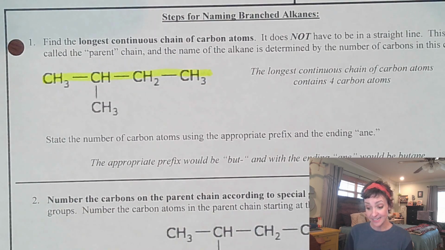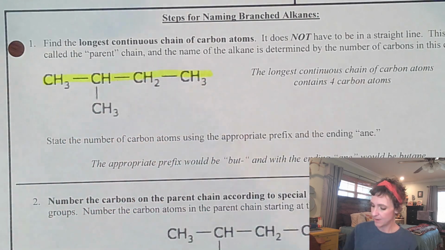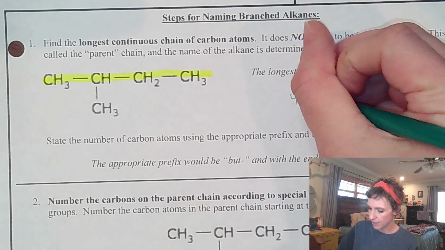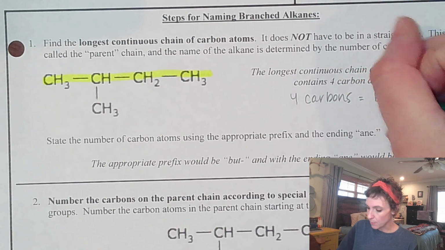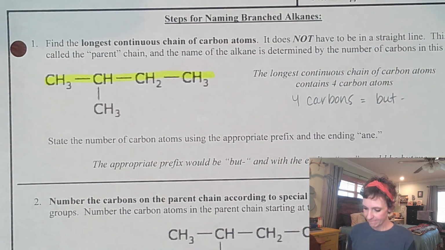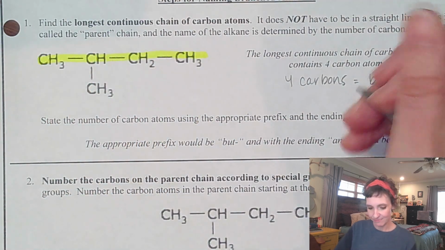Okay, it says state the number of carbon atoms using the appropriate prefix and the ending -ane because these are single bonded carbon alkanes. Okay, so let's think here. I've got 1, 2, 3, 4 in my parent chain. We know that 4 carbons equals but-, right? And we know that they are all single bonded together, right?